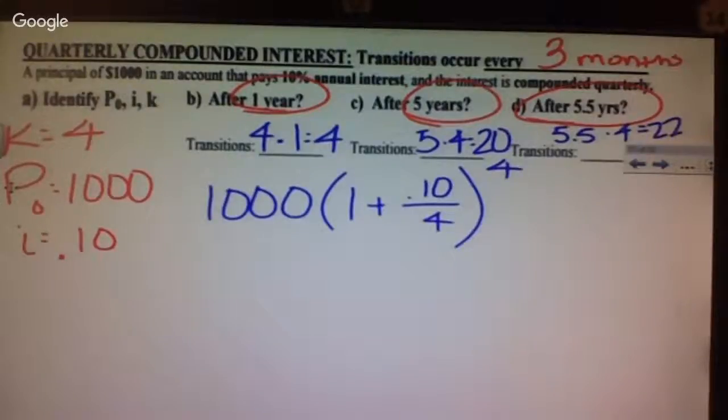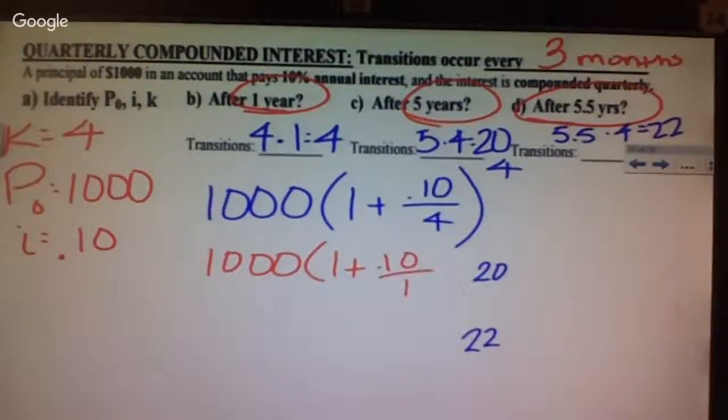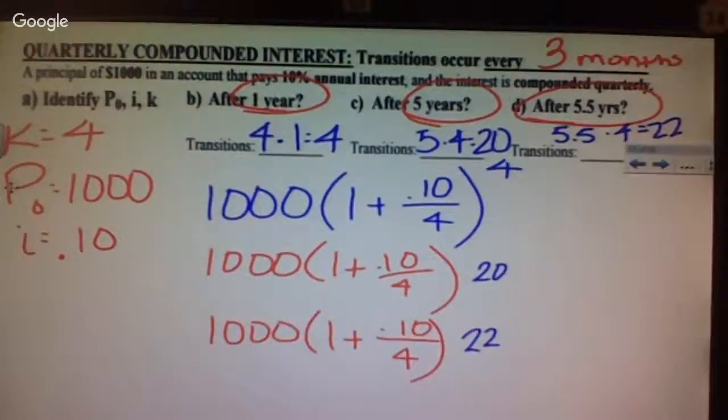So none of this is going to change. All that's going to change is this time I'm raising it to the 20th, and this time I'm going to raise it to the 22nd. So we've got 1,000 times 1 plus 0.10 divided by 4 raised to the 20th, and 1,000 times 1 plus 0.10 divided by 4 raised to the 22nd.